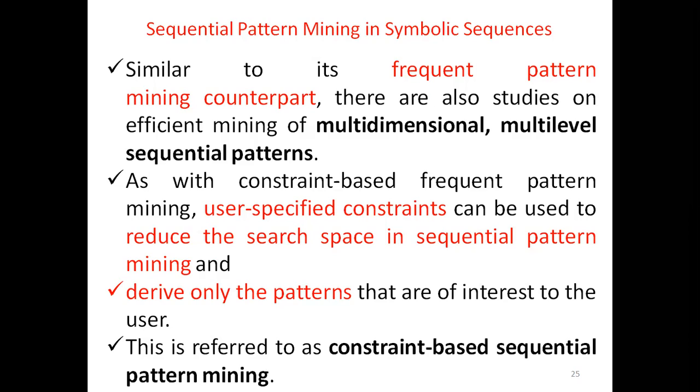The main aim is the identification of subsequences. Reducing the search space in sequential pattern mining is very important, and deriving only patterns that are of interest to the user is referred to as constraint-based sequential pattern mining. You require some constraint, and based on the constraint you identify the information. Based on that information you get the search space, which makes it easy to identify the subsequence or substructure in a sequence.